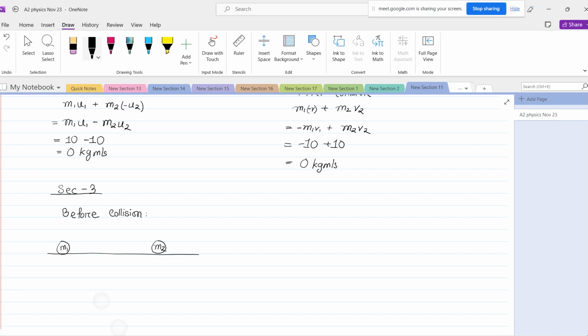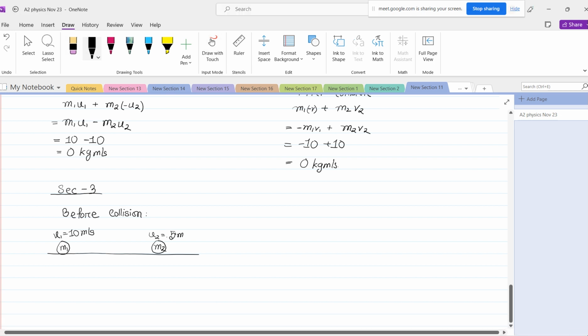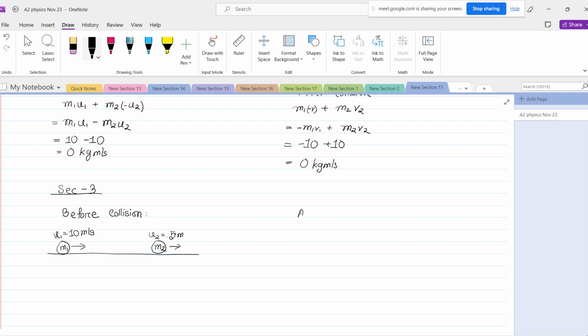m1, m2, the value for the initial one, let's assume, is 10. They are both traveling in the same direction, and after collision the two particles combine, join together and start moving at a certain velocity v.